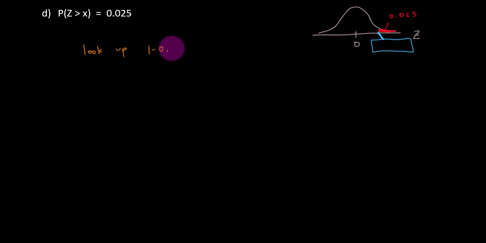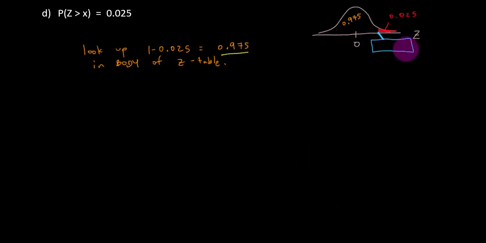So I want to consider not the area in the right tail, but the area in the left tail, which is 0.975. So that's the value that we want to look up in the body of the table and then find the corresponding tick mark. So let's go to the table.